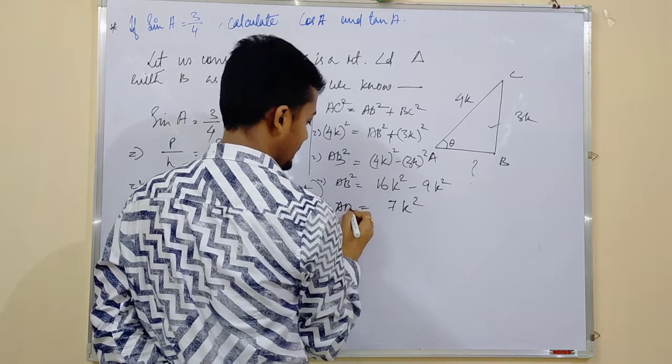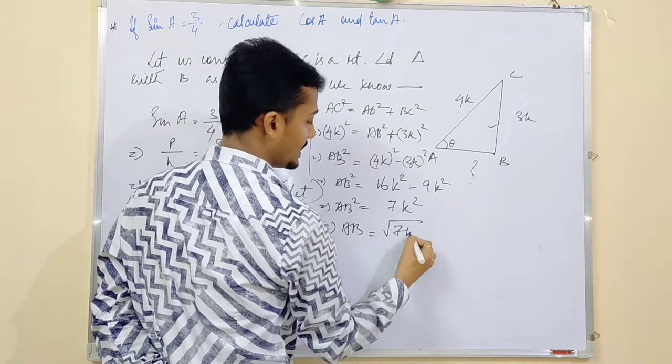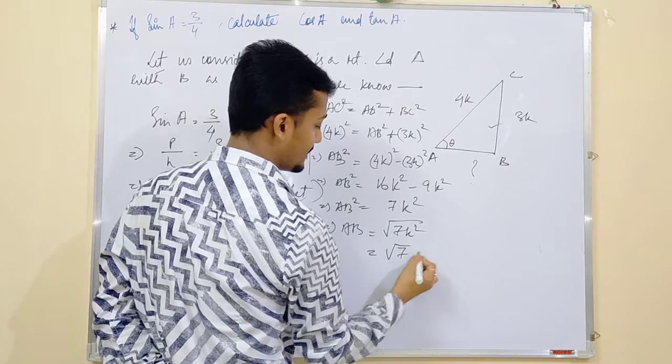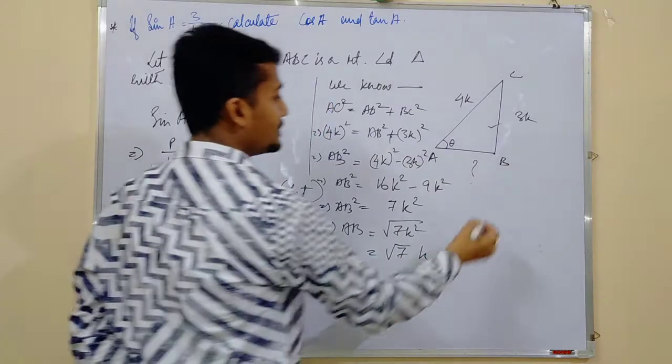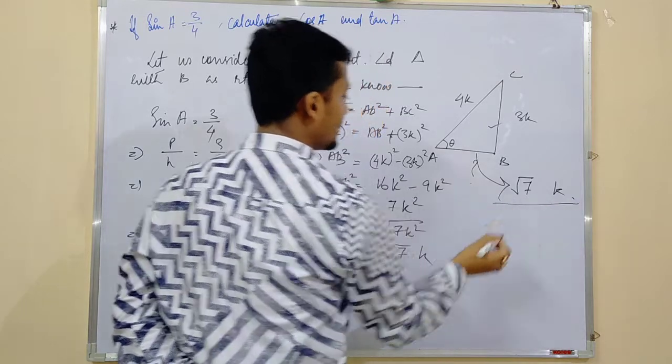So AB will be equal to root over 7K whole square, which is root 7 K. That means the value of this particular side is root 7K.